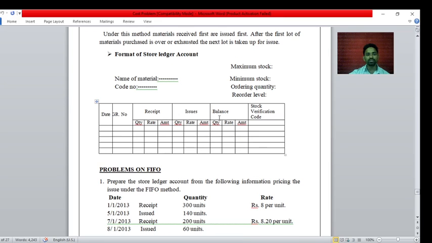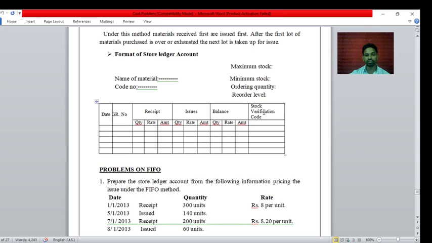Next, you have to draw the table. Draw the date column, the GR number column, and the receipt column. In the receipt column draw three columns: quantity, rate and amount. Then the issue column, again with three columns: quantity, rate and amount. Next is the balance column, again with three columns: quantity, rate and amount.